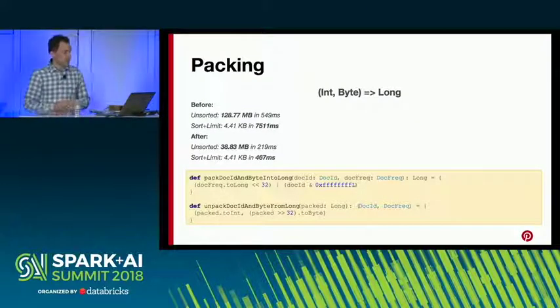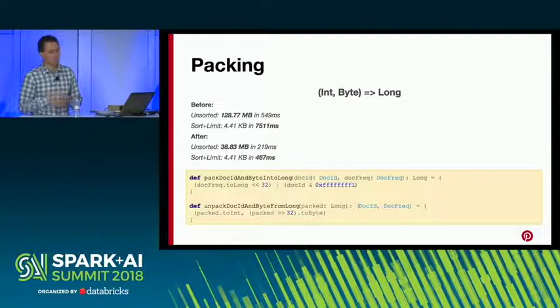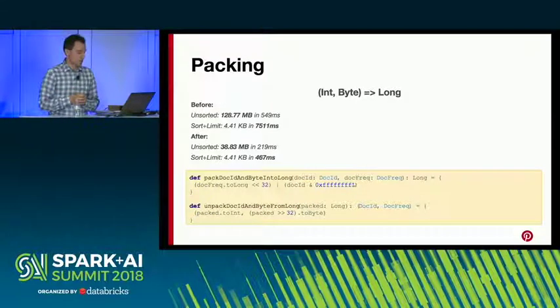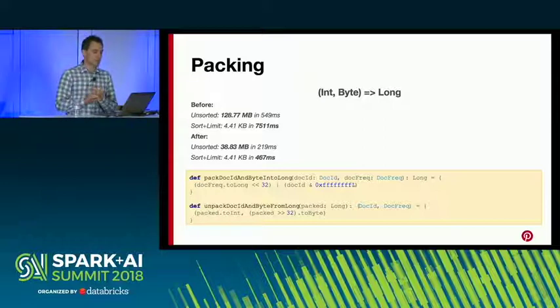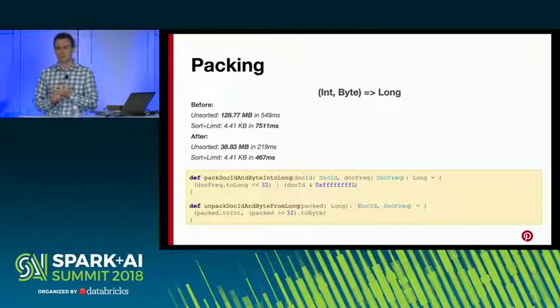So this gets, I would say, very low level, but turns out it's worth it. So pairs are very convenient to work with in both Scala and Spark, but they're very inefficiently stored in the JVM because, again, you have byte alignment, you have object overhead, there's no such thing as a primitive pair.